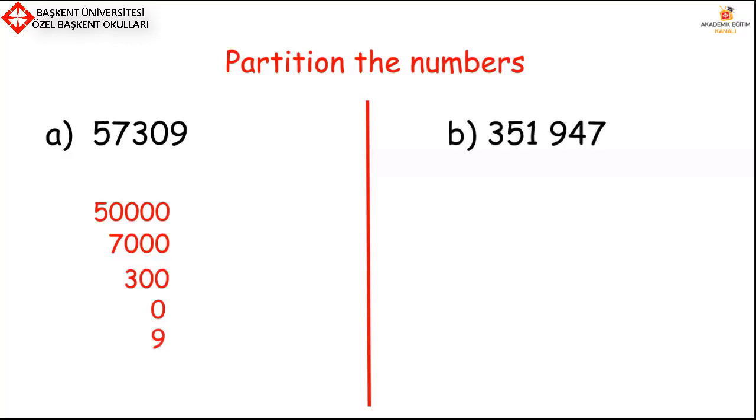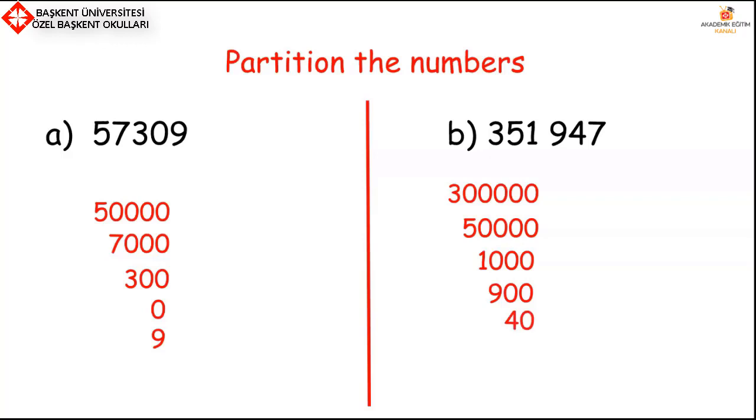Look at this number, 351,947. So what does the 3 mean? Yes, 300,000. 5, 50,000. 1, 1,000. 9, 900. 4, 40. 7, 7. Easy.